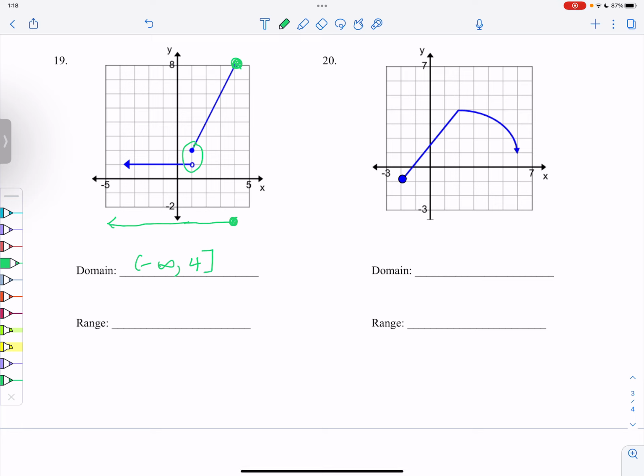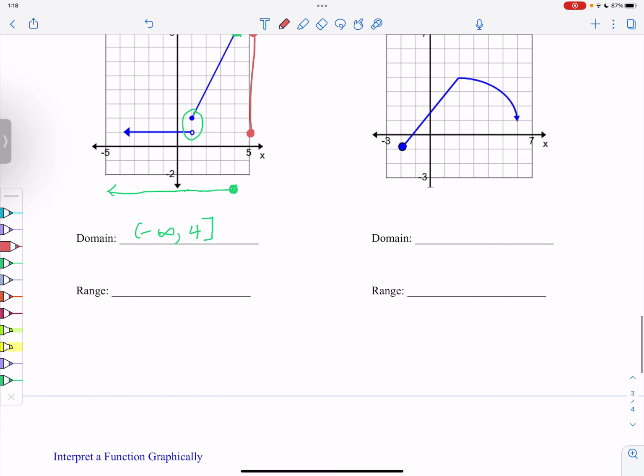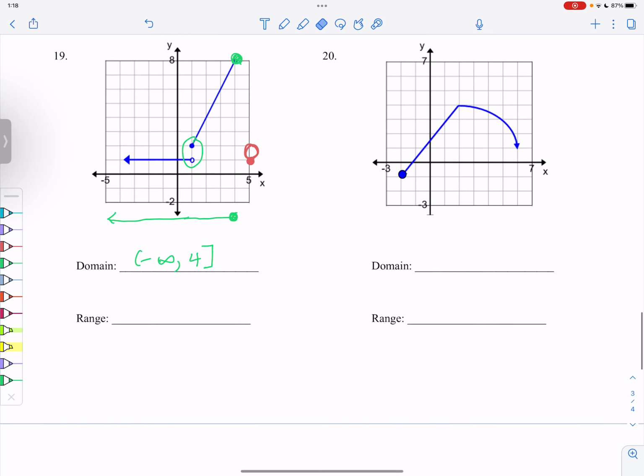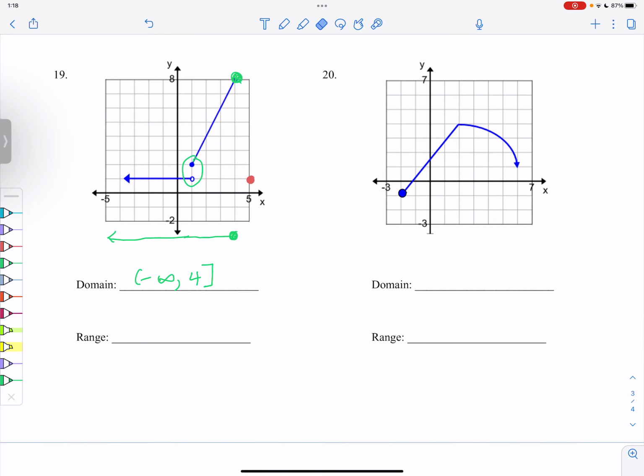Taking a look at the range, the y values begin here and go all the way to this point. So what do you notice? We also have this gap here. So I didn't really draw that very well, so let me do that again.